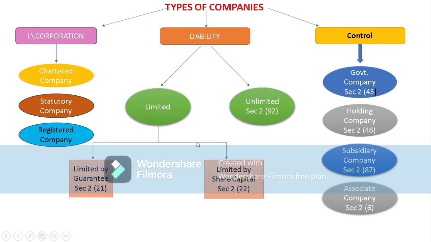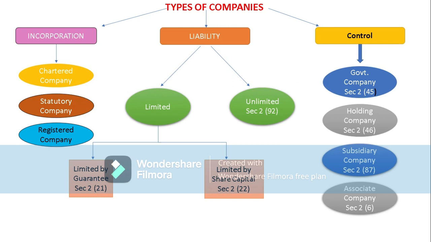Now if it is a guarantee company, limited by guarantee comes under section 2 subsection 21 of the Companies Act. Limited by guarantee means that in this type of company, the liability of each member is limited to such amount as the member may undertake to contribute in the event of its being wound up.